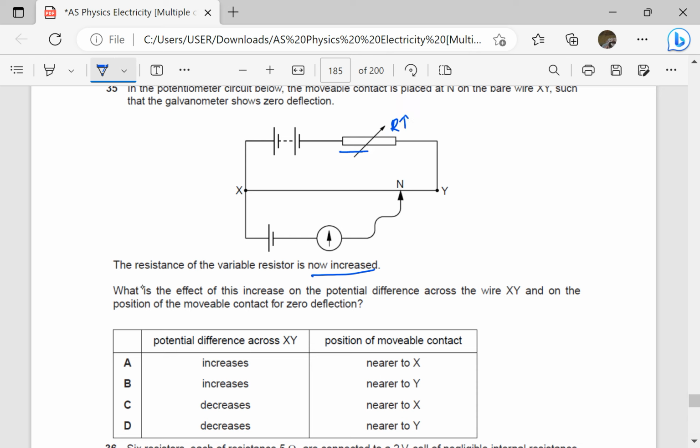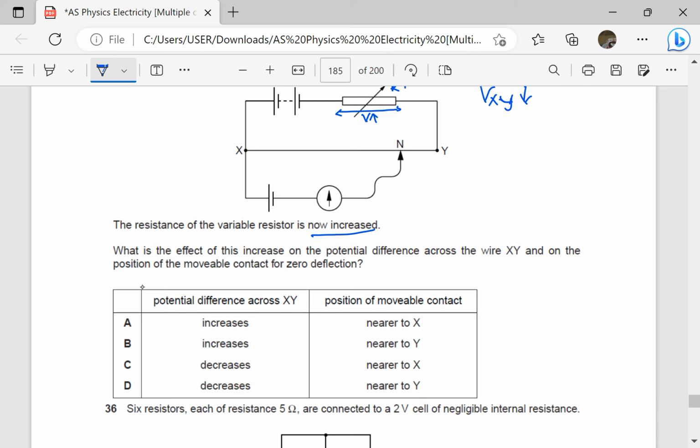It means the PD across this point must be increasing. Therefore, the PD across the bare wire must decrease. So PD across XY must be decreased because the resistance here has increased, which means the PD here has increased. So the PD across the wire XY has decreased.